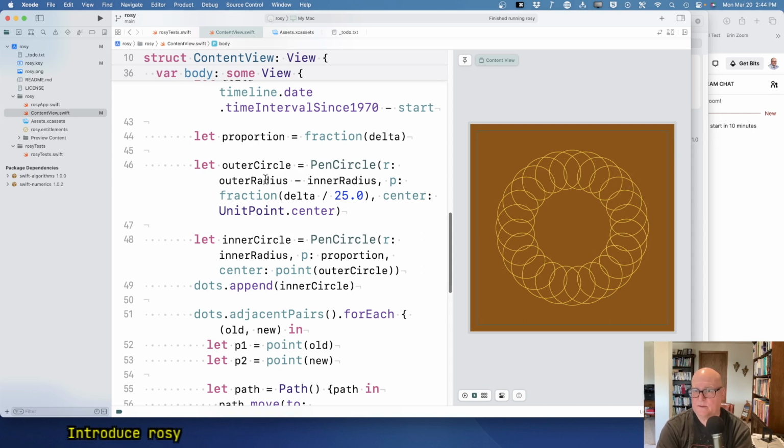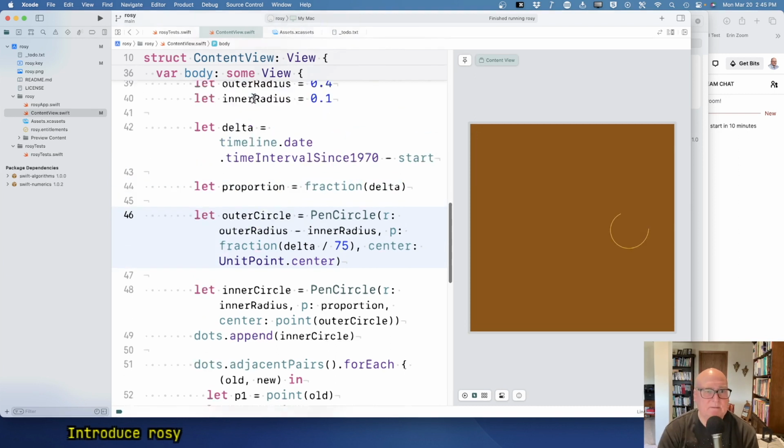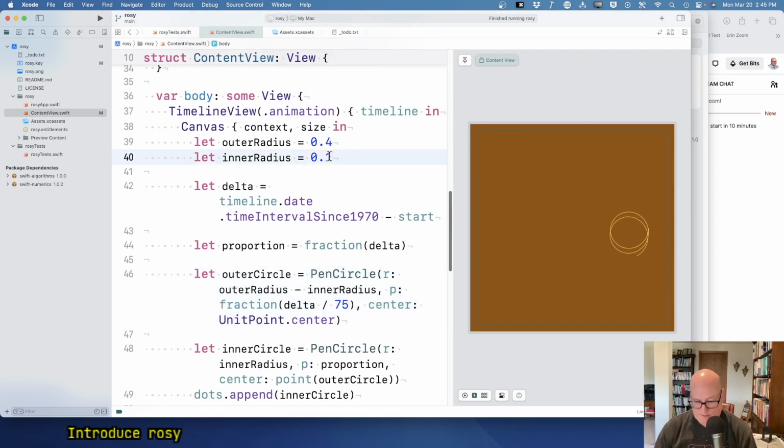Okay, good, good, good. And I don't know. We'll do the deeper one and maybe change the radius to 0.2. I don't know what that'll do.